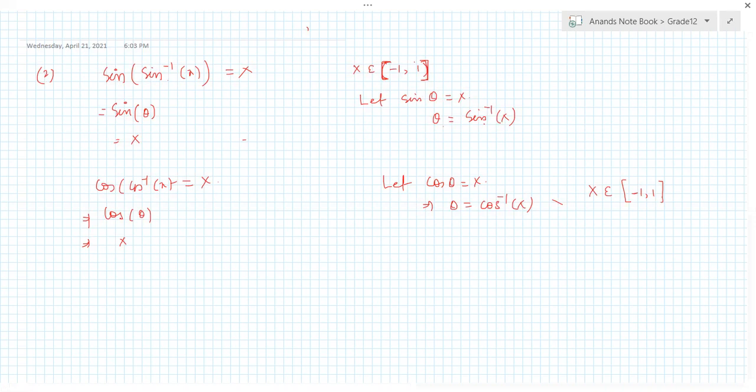When you go about tan, cosecant, secant, and cot, you have to take care. For example, for cosecant, cosecant of cosecant inverse of x is equal to x.